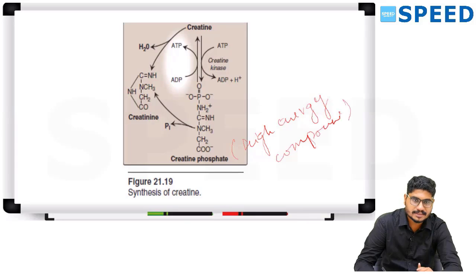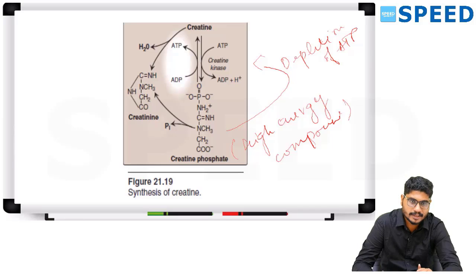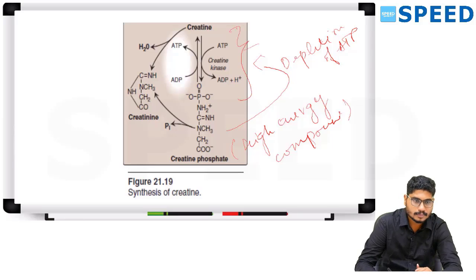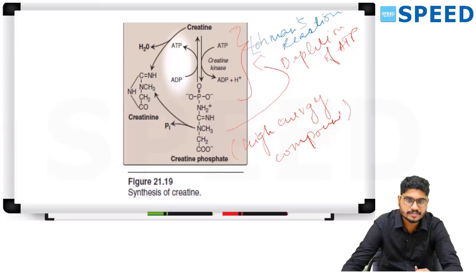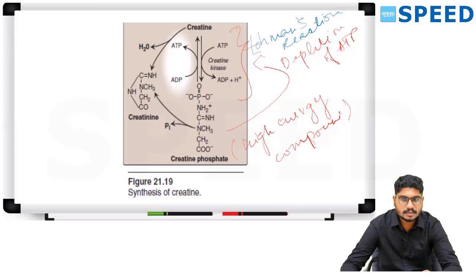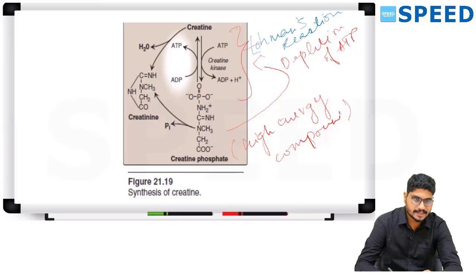Whenever there is a depletion of ATP, the phosphate group is donated back to ADP, forming ATP, and creatine is received back. This is called Lohmann's reaction.